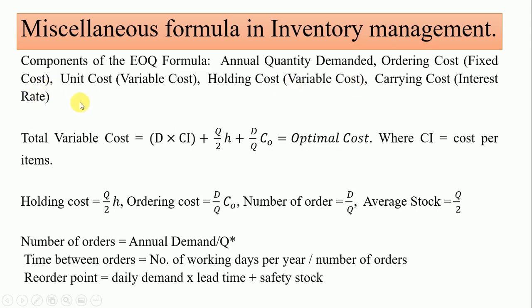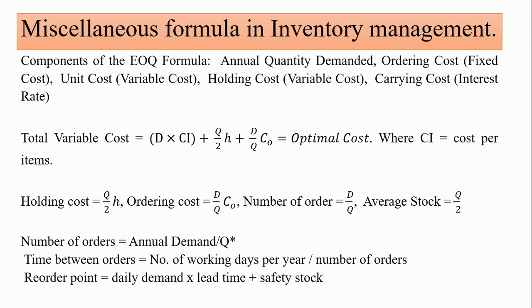If the question involves finding only the holding cost, the formula is Q over 2 times H. If it involves calculating the ordering cost, it is D over Q times C naught, which is the ordering cost. The average stock is equal to Q over 2.